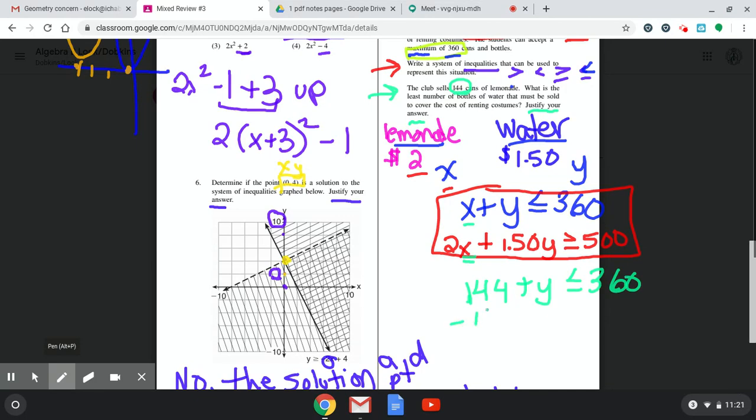And we subtract 144. 360 minus 144 leaves us with 216. So we have to sell less than 216, but we also have to sell more than that, because if we sold 2 bottles, that wouldn't be enough. We wouldn't hit the cost of $500. So we do have to use the second equation here as well.